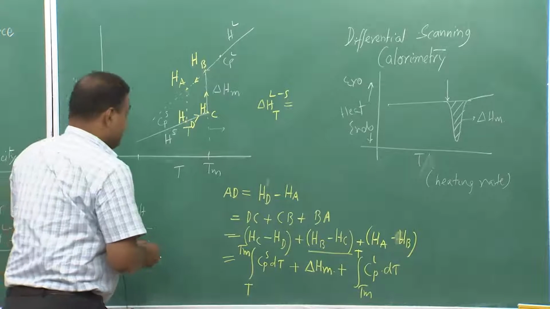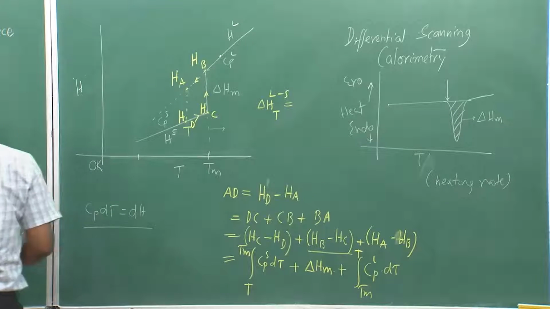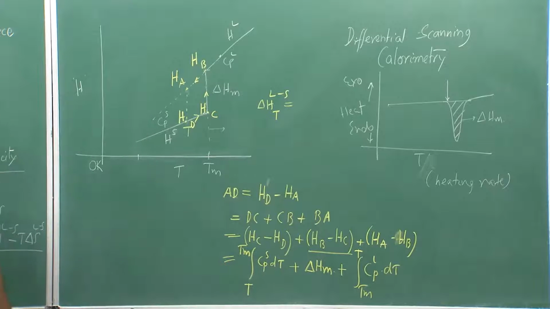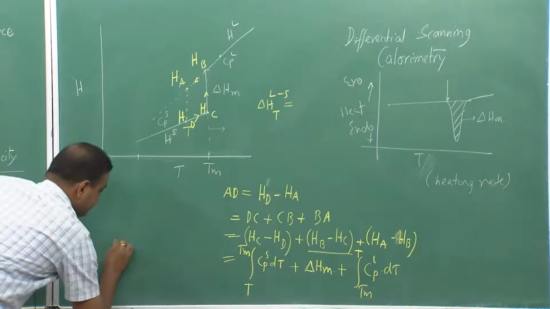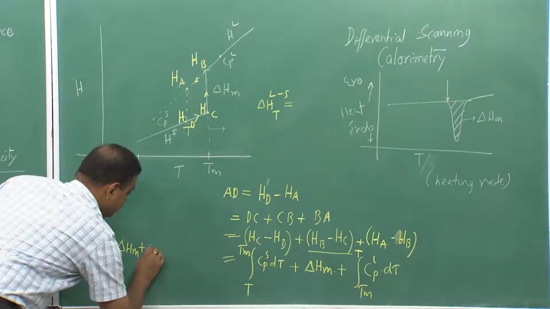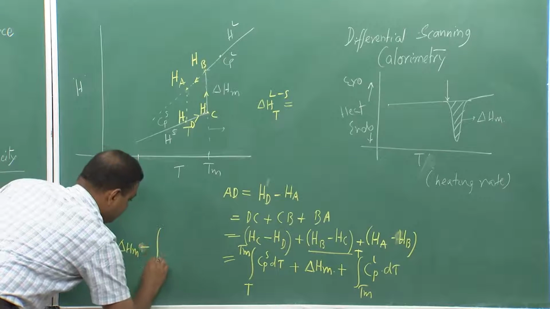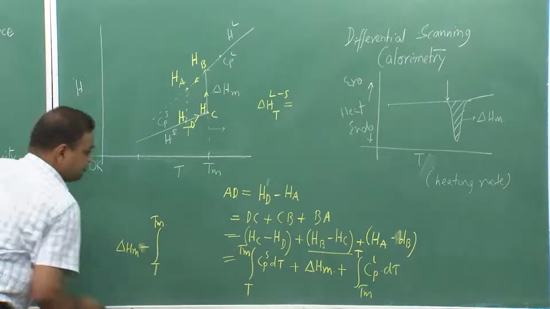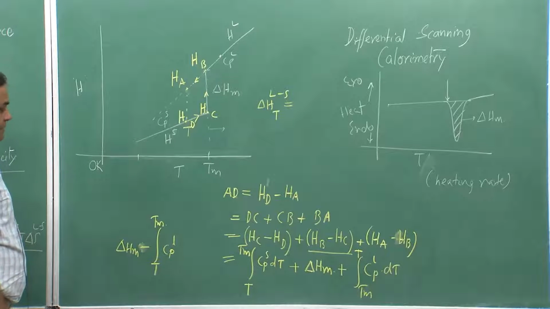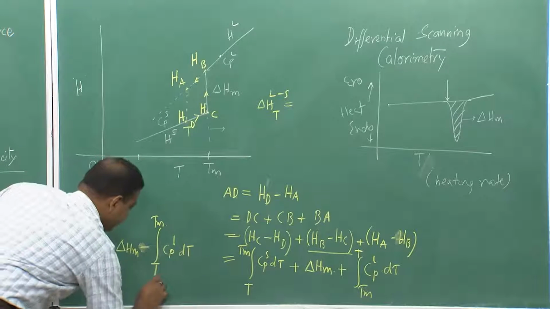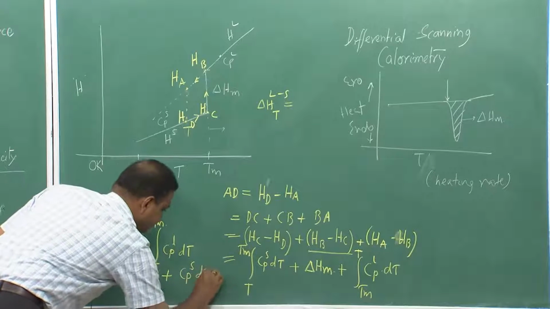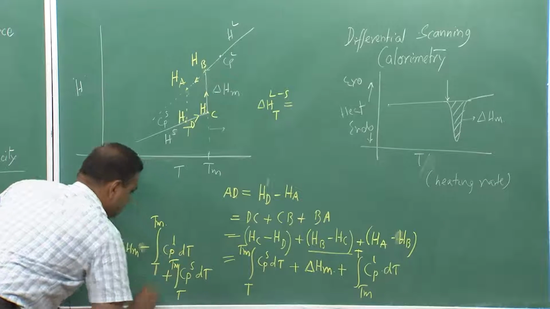So, if I take this particular term, I can put it this way, del H m plus the integral from Tm to T of Cp L dT, I reverse the position of temperature limits, plus integral of Cp S dT from T to Tm.